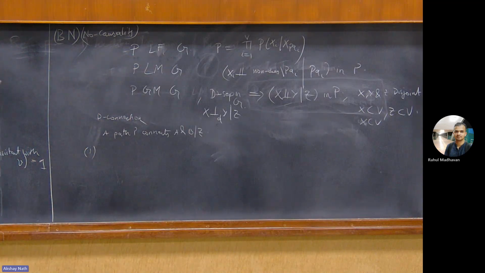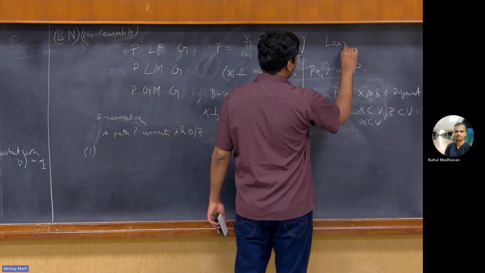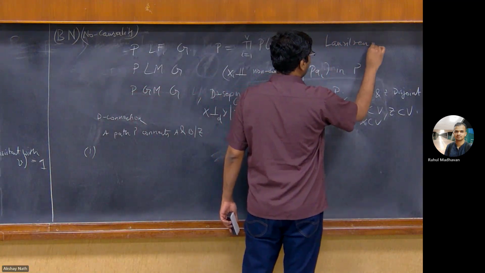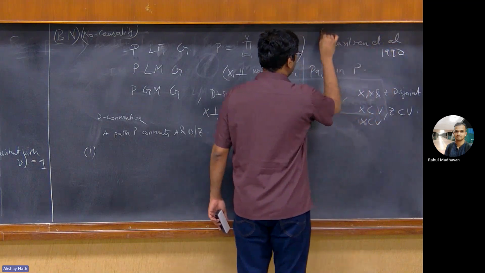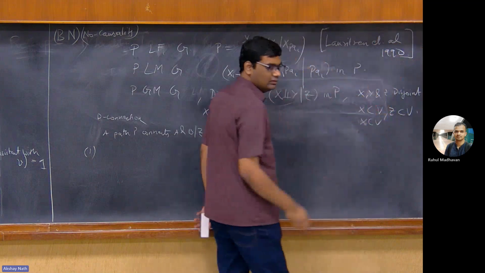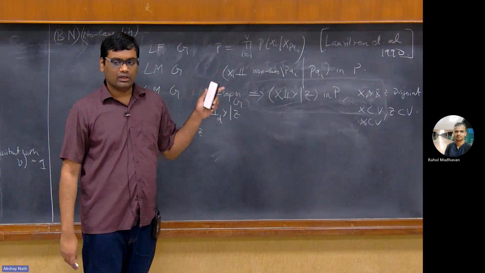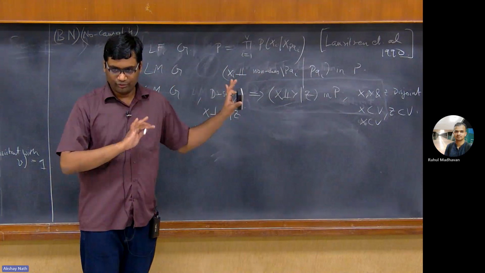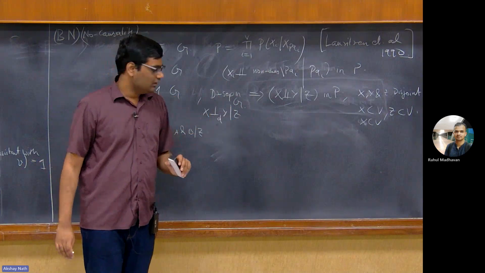Let's be very careful. I'm looking at Lauritzen et al., 1990, a very classical paper about independencies of directed Markov networks. I'm just going to give you the ideas in that paper for the rest of the lecture, almost.